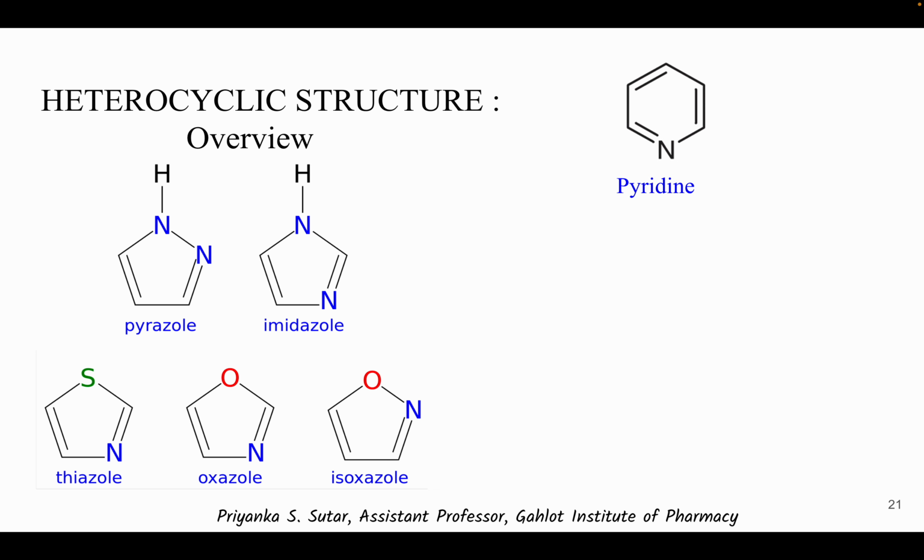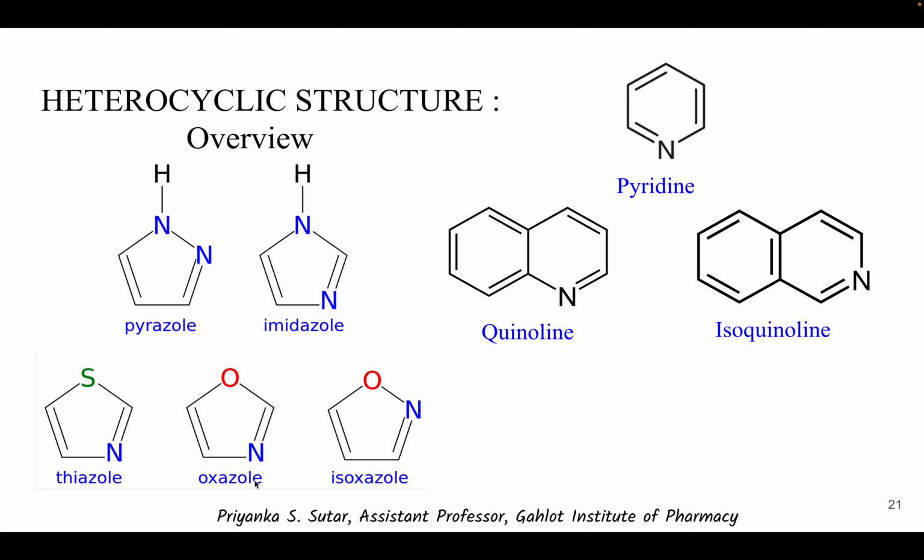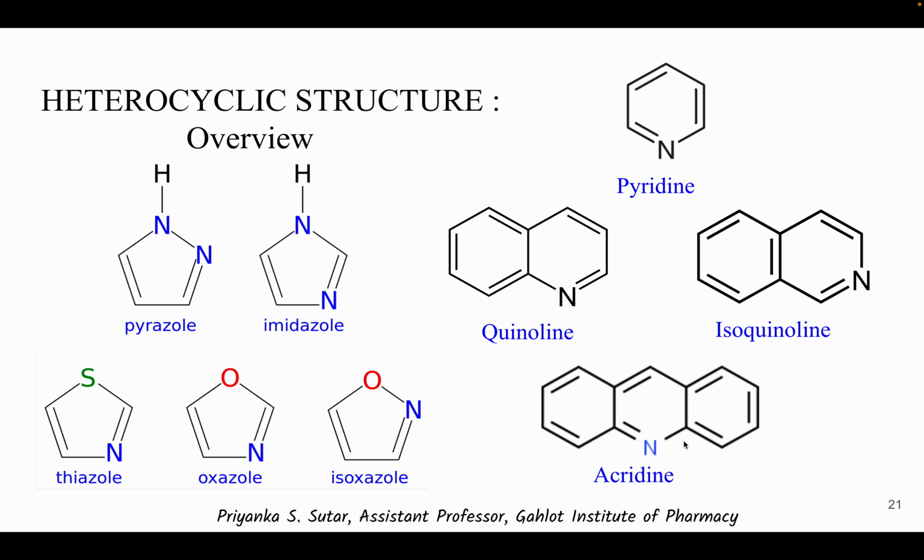So the next category is six membered aromatic with one heteroatom, which is pyridine, and when pyridine is fused with benzene you get quinoline and isoquinoline. When pyridine is fused with two benzene rings you get a structure that is acridine. And the last category is what? Six membered ring with two heteroatoms. Okay, 1,3 azine, it is a pyrimidine.